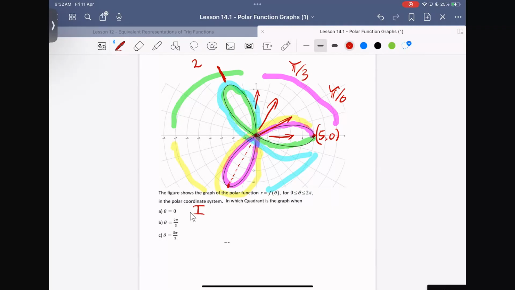This is 2 pi over 3. So that would be this point here. That's in the second quadrant. 5 pi over 3, that's this line down here. This is 5 pi over 3.